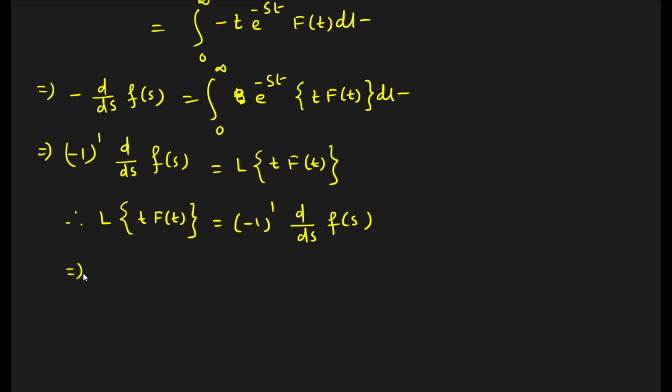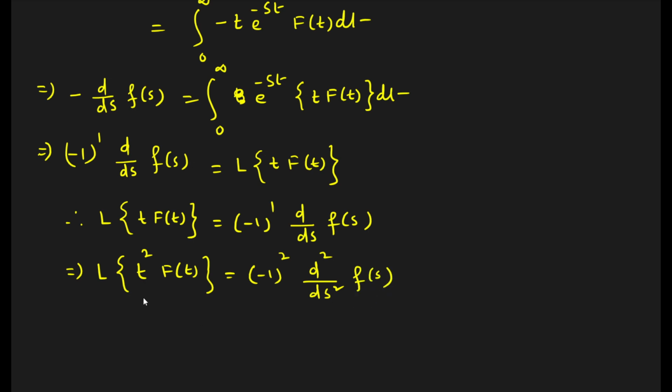Now if we differentiate it twice, then what will we get? This will become t square f of t, and on the right side we will get minus 1 to the power 2, d square by ds square, because we differentiate it twice.